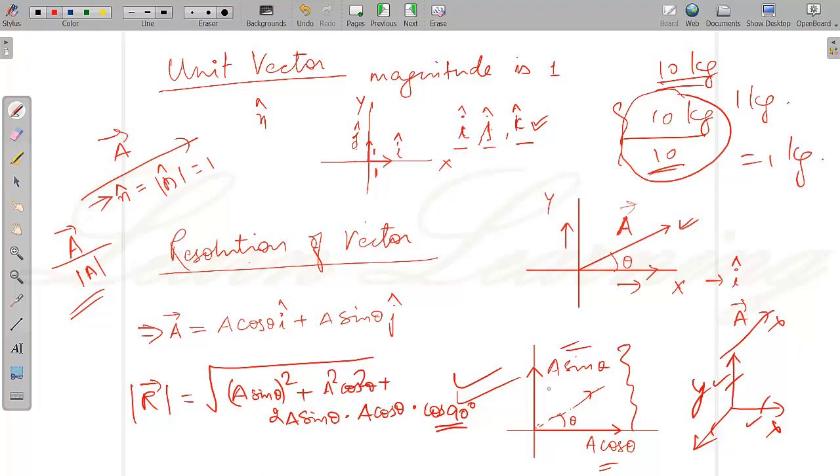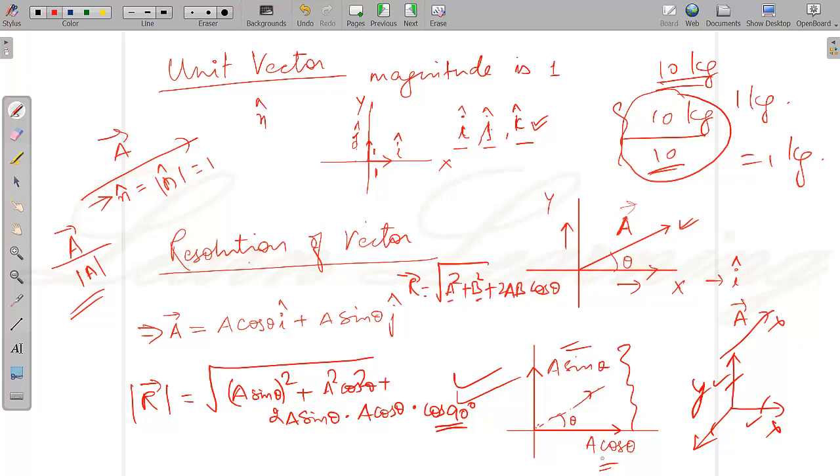It is 90 degrees, right? So the resultant vector is given by the square root of a square plus b square plus 2ab cos theta, where a is one vector and b is the second vector.